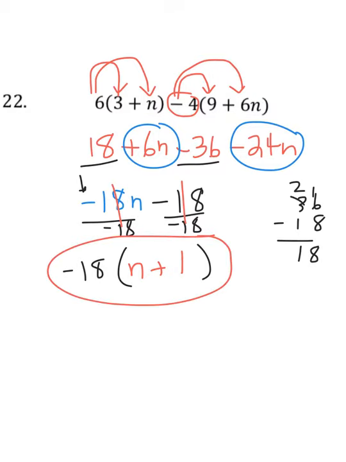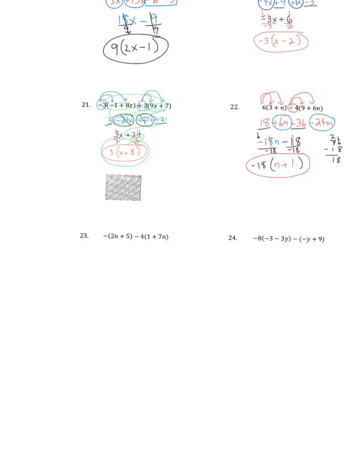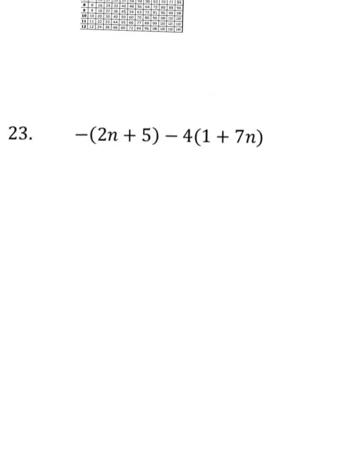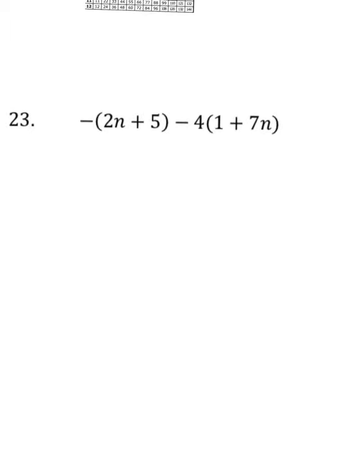Okay. Ooh, double parentheses and negatives. There's a 1 in front of this one. Okay, so negative 1 times 2 is negative 2n. Negative 1 times 5 is negative 5.